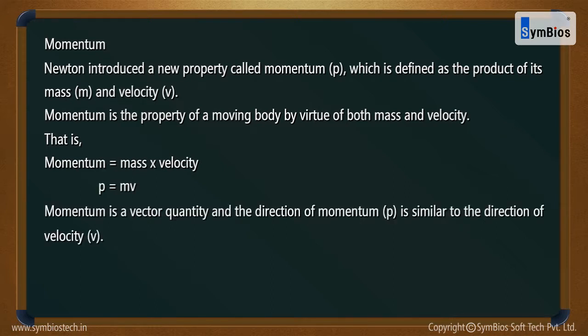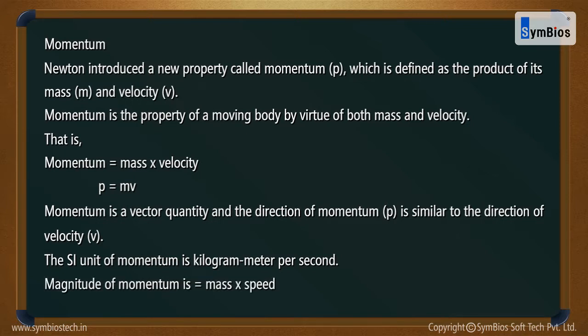Momentum is a vector quantity and the direction of momentum P is the same as the direction of velocity v. The SI unit of momentum is kilogram meter per second. The magnitude of momentum is equal to mass times speed.